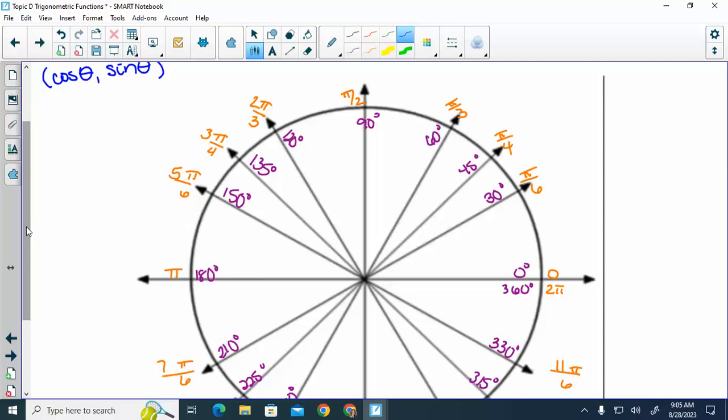All right, so for 0 degrees, if I fold in the 0, remember the pattern for both of these was a square root of something divided by 2. Where did we look to get the sine?